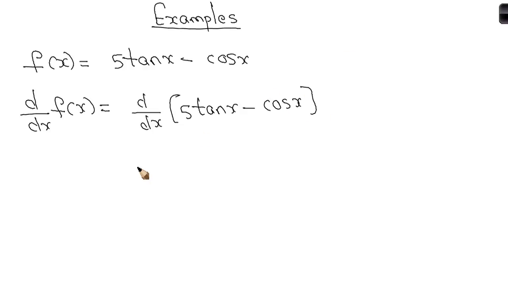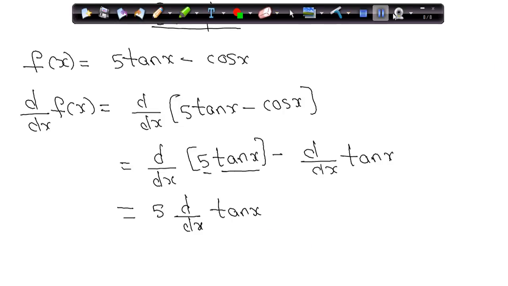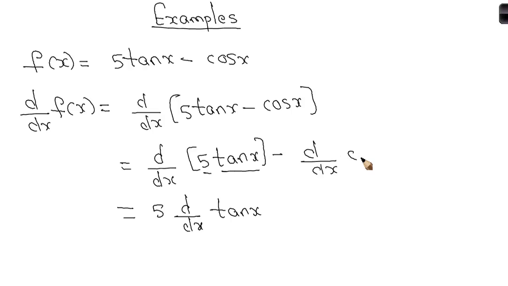We know that derivative of f of x minus g of x is derivative of f of x minus derivative of g of x. So this becomes derivative of pi times tan x minus derivative of cos x. And we know derivative of k times f of x is k times derivative of f of x, so pi times derivative of tan x, minus derivative of cos x.